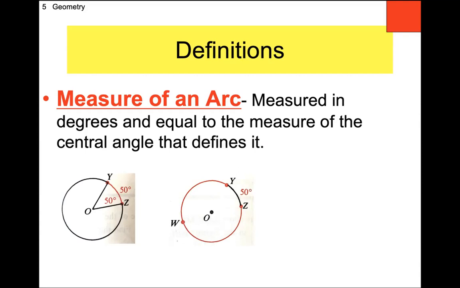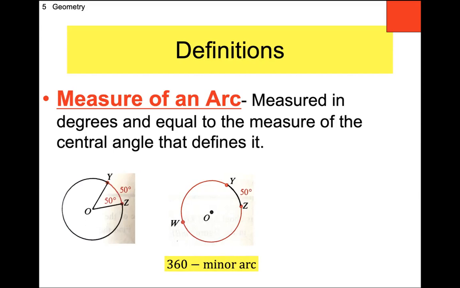But for major arcs, the measurement will be defined in terms of how it's formed. This one would be formed with the same legs of that angle. So if I connect O to Y and O to Z, you get a central angle of 50 degrees, but that's not the major arc. The major arc would be 360 degrees minus the minor arc.